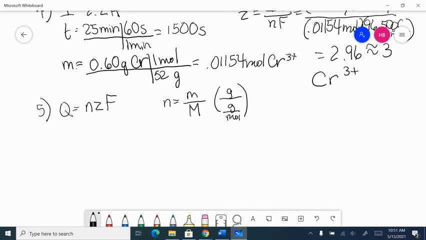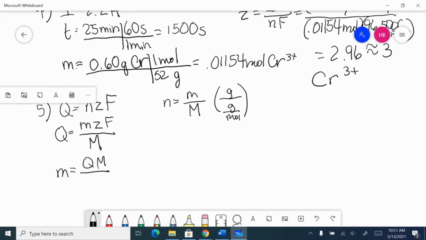We'll plug this in for N. So it's going to be Q equals mZF over molar mass, which is mass, charge, Faraday's constant over molar mass. And let's rearrange to solve for mass. So mass is going to equal QM over ZF. So let's lump together Q over F, that's our 600, times M over Z.